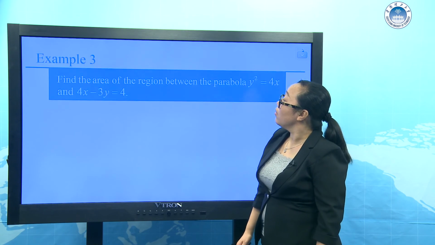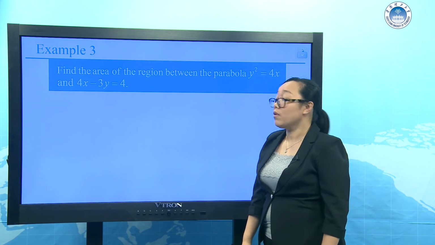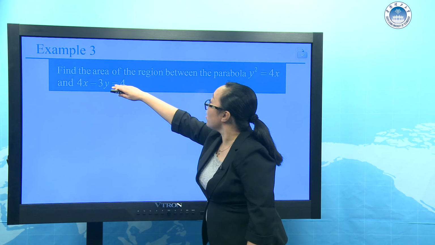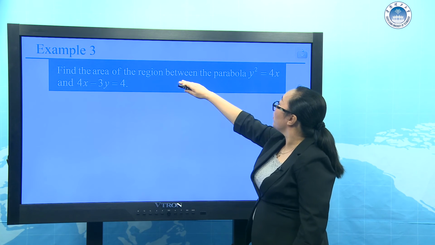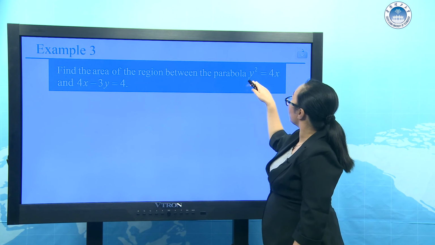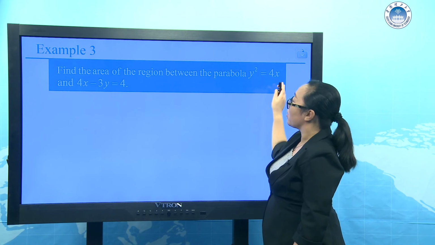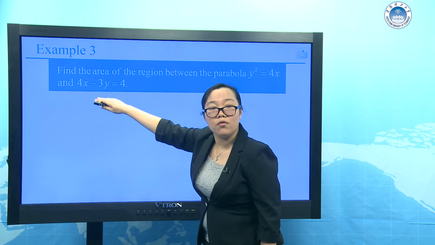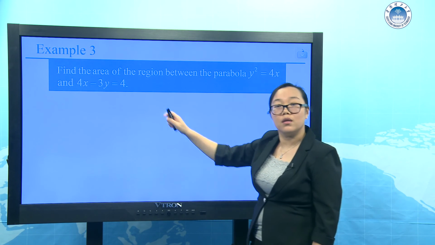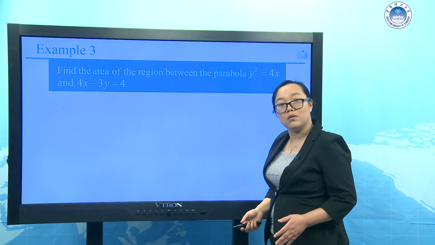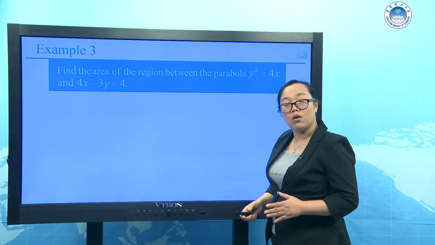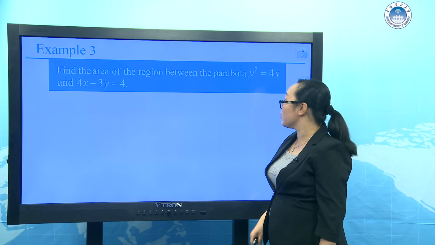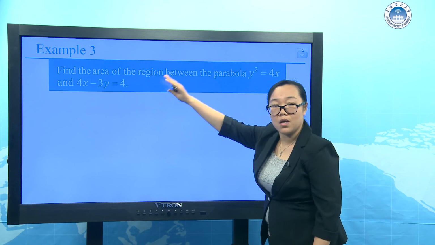So now, we look at example 3. Try to find the area of the region between the parabola y squared equals 4x and the line 4x minus 3y equals 4. It is a similar question to example 2: the region is bounded by a curve and a line.